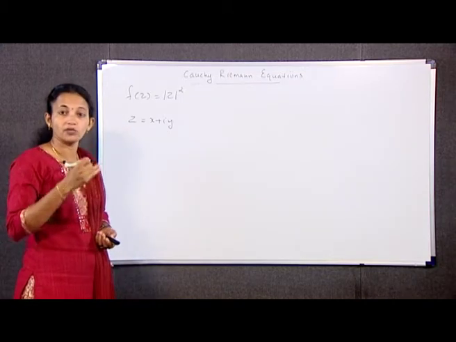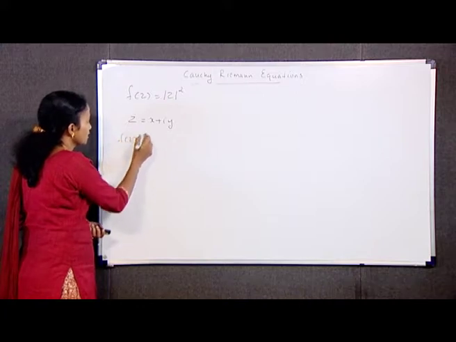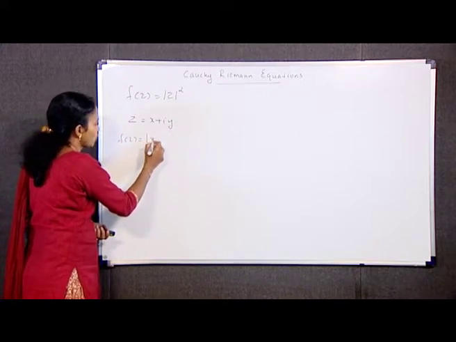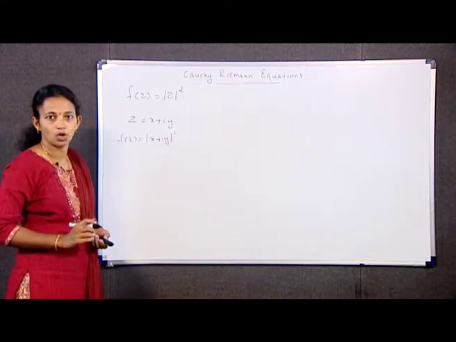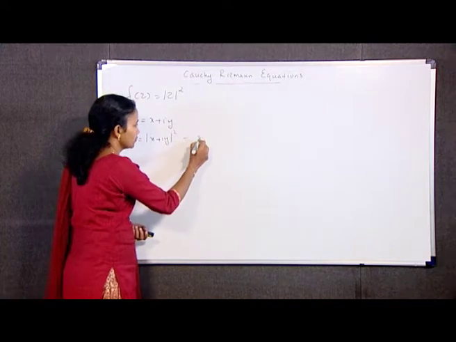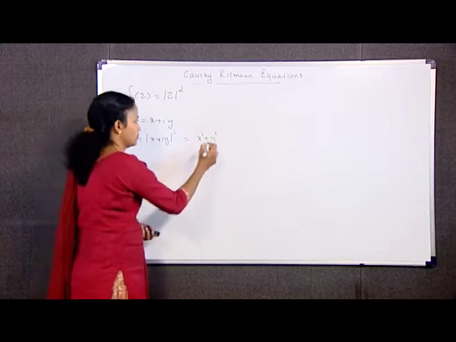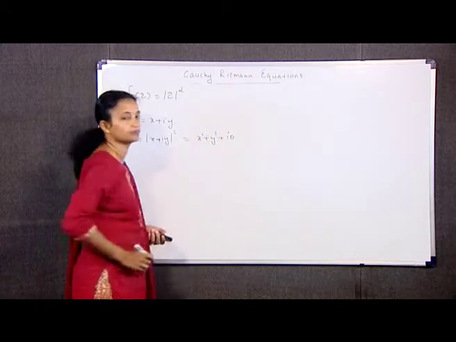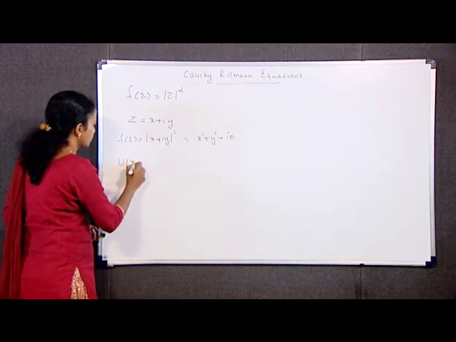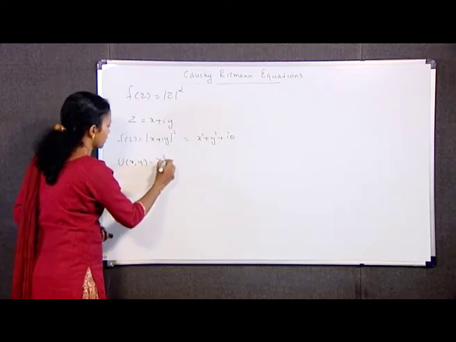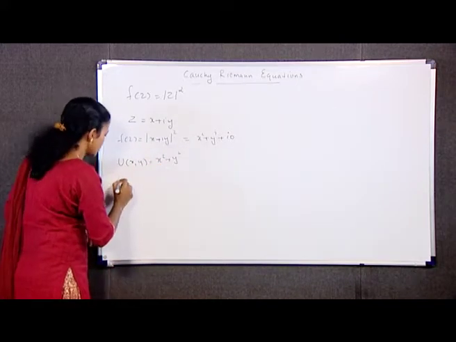So we have f(z) = |x + iy|², or you can write this as x² + y² + i0. We have u(x,y) = x² + y², and v(x,y) is of course 0.